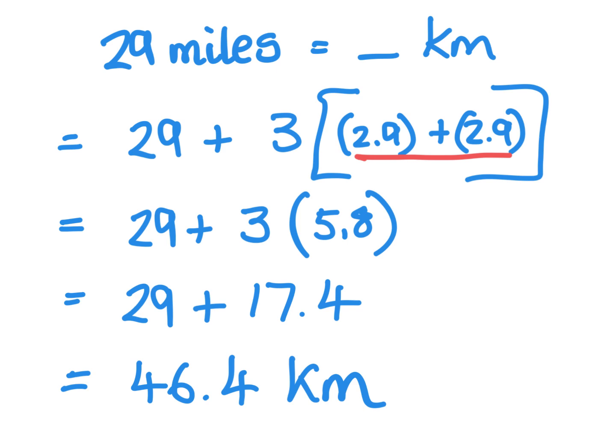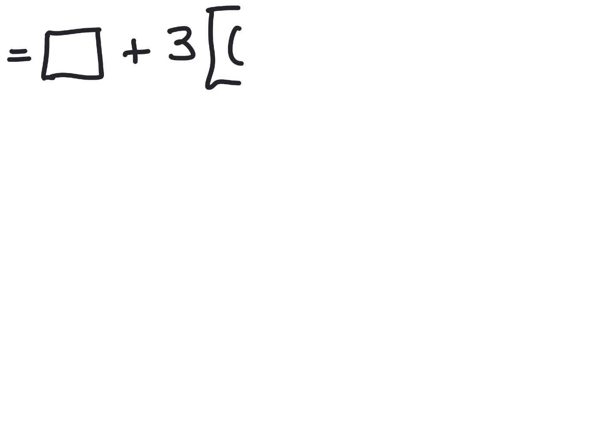Okay, so let's set some questions for you to do. I'll be extra nice. I will show you how to work it out here. So this is your first line. Whatever number is in the question, you put there, plus 3 lots of, bracket. Then you do your divided by 10.